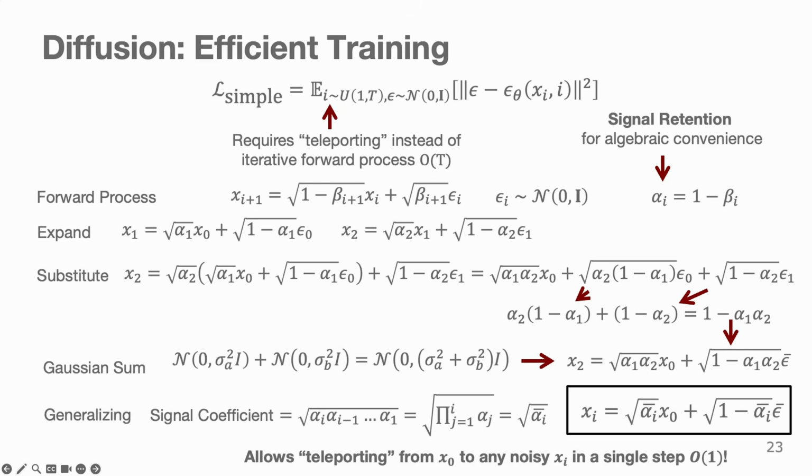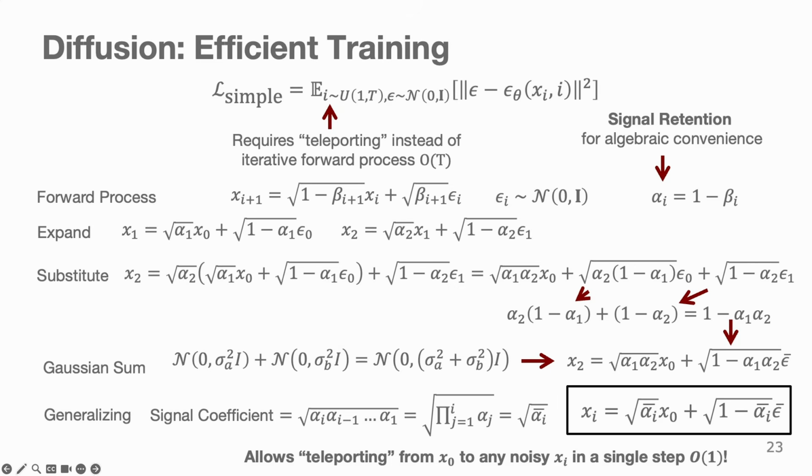Now, the key thing here is that the two noise terms both come from independent Gaussian distributions. And we use the key property that the sum of two Gaussians is also a Gaussian. So the two noise terms can collapse into a single noise sample epsilon.